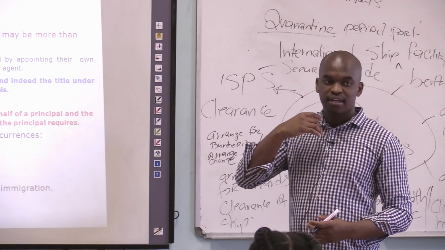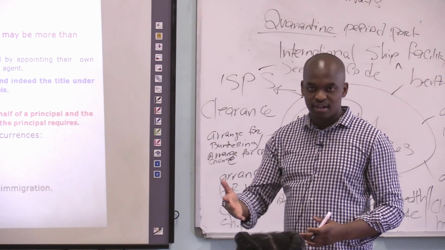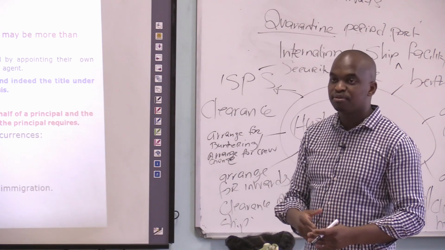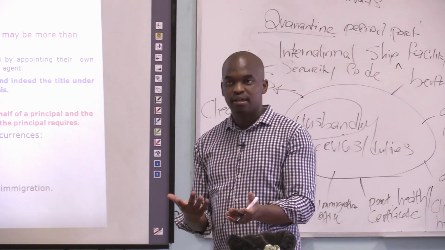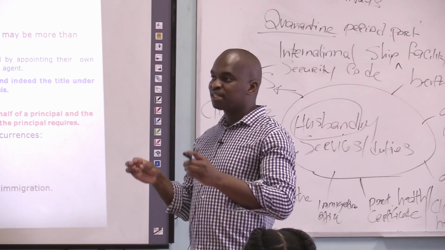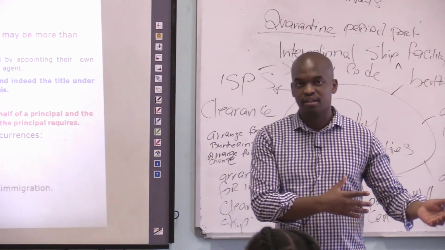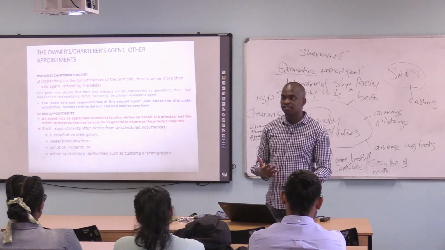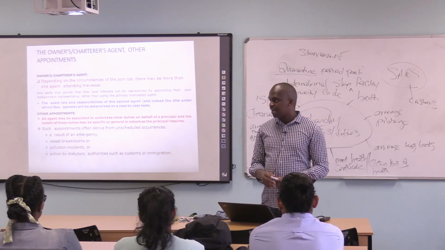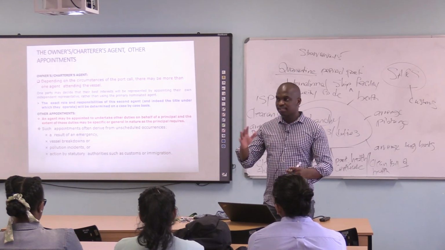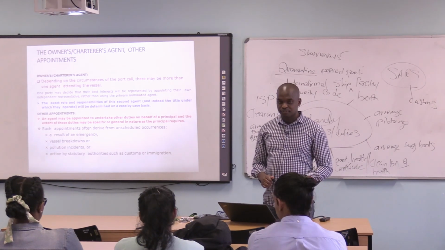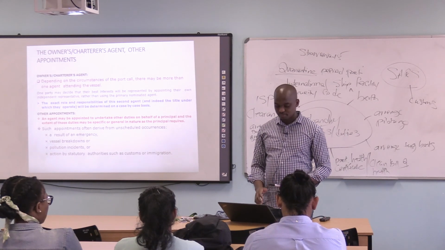So they would have the cargo owner's best interest at heart. And you'd find that there would also be the ship agent that would be visible in and around that ship, representing another party, which is the ship owner. Do you understand? So you might find that one ship would actually be attended to by different agents, obviously representing different parties involved.